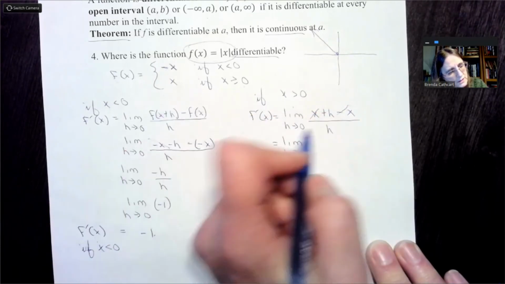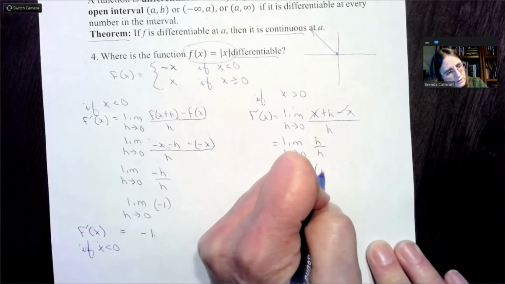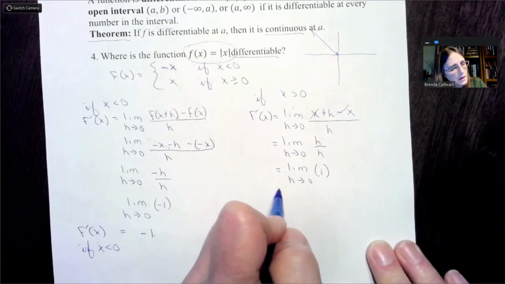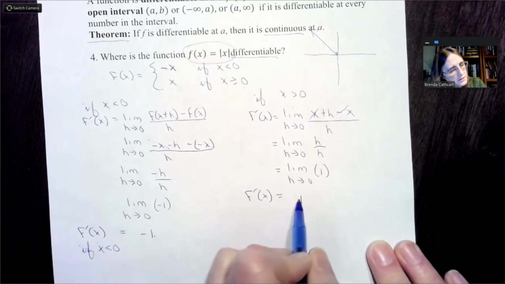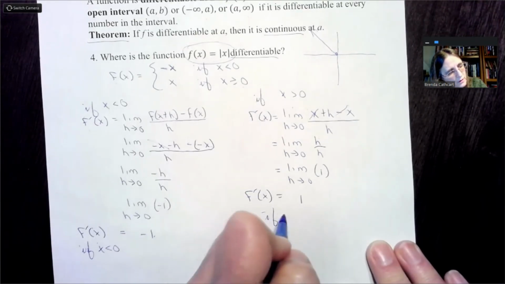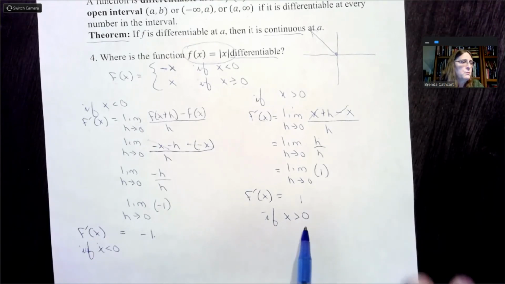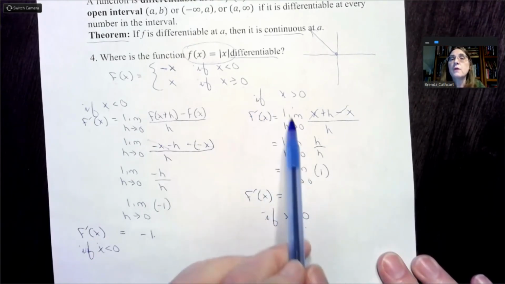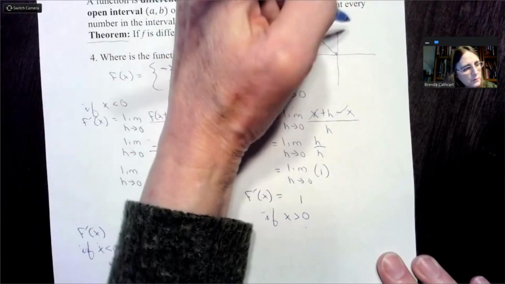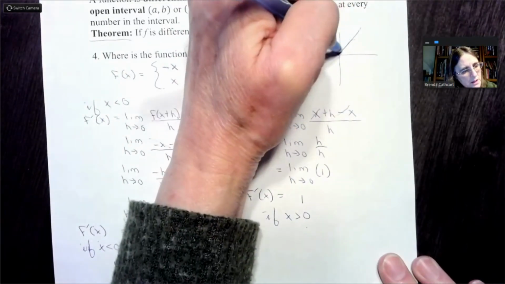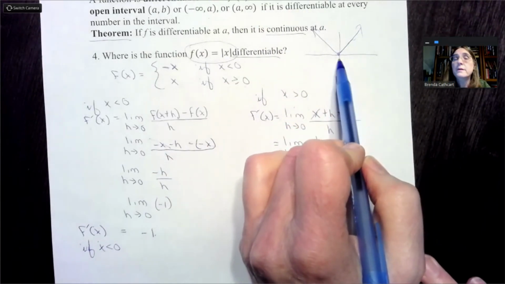X plus negative x is 0, so h divided by h simplifies to the constant 1. And so the limit of our constant function is 1. So f prime of x is equal to 1 if x is greater than 0. Remember, we're approaching 0. So here we have a slope of 1. Again, for our graph, for absolute value, that makes sense because the right side of the absolute value graph has a constant slope of 1.